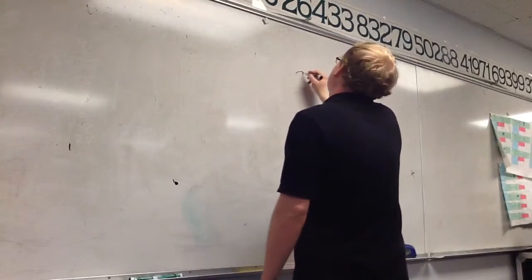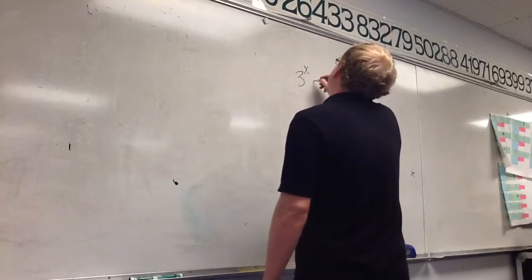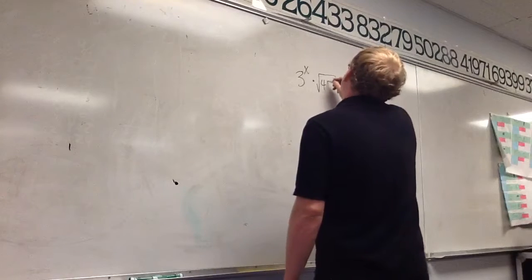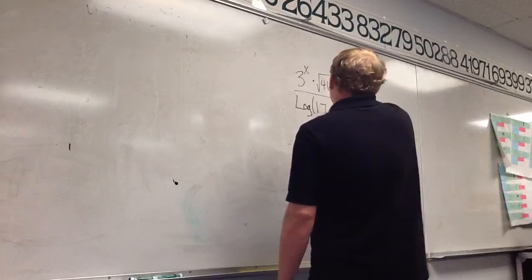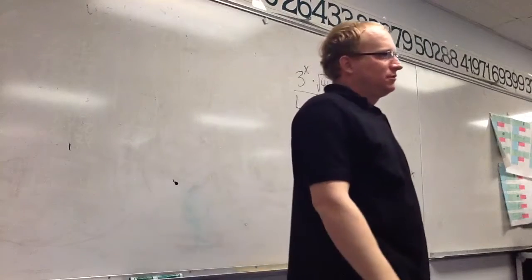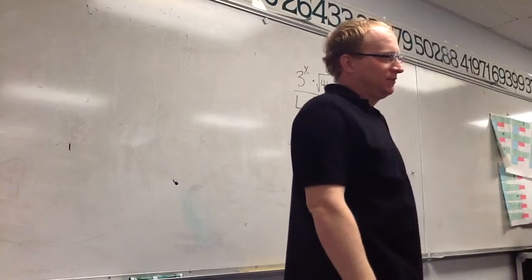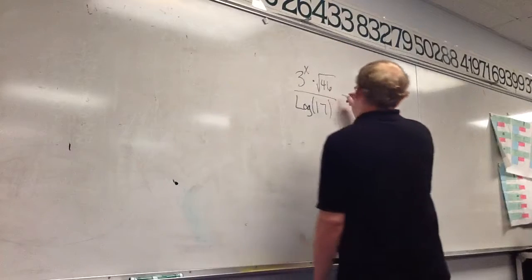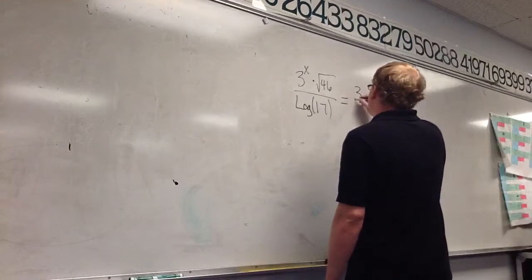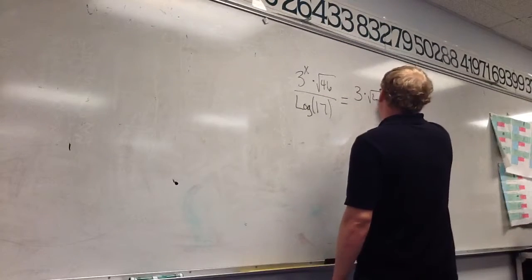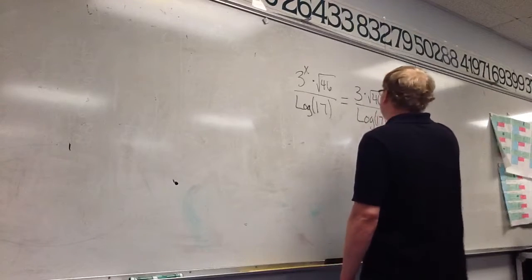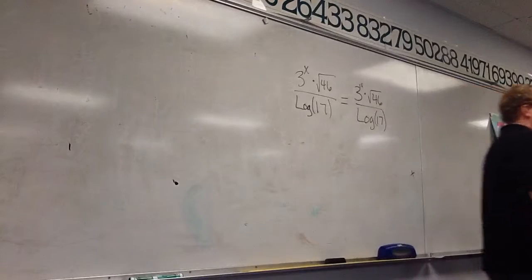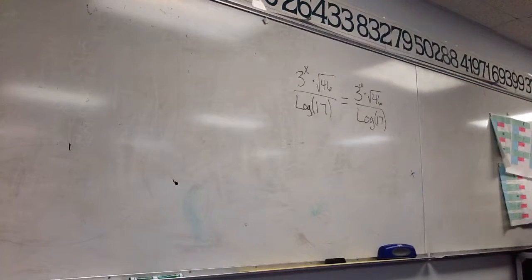You could have 3 to the x power times the square root of 46 divided by the log of 17. Log is a math operation. My point here is that you can solve this if you just look at it. It's 10!